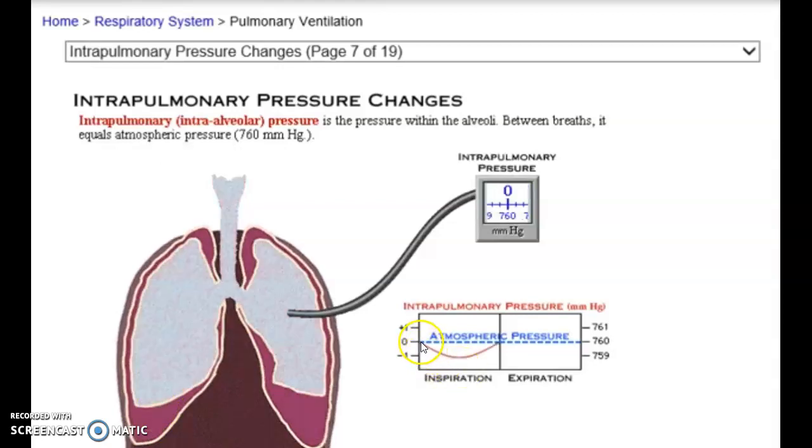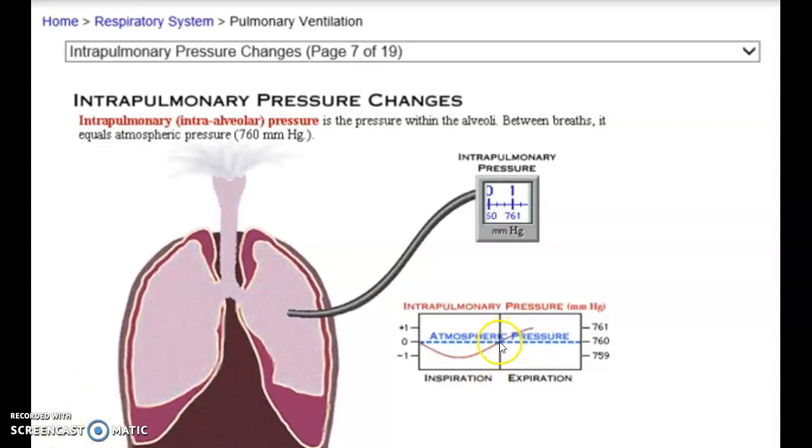Notice we dropped the pressure, but as air started filling the lungs back up, the pressure started rising again. As the air goes in, it builds the pressure back up until it's equal with the atmospheric pressure. At this point, no air is going in or out.